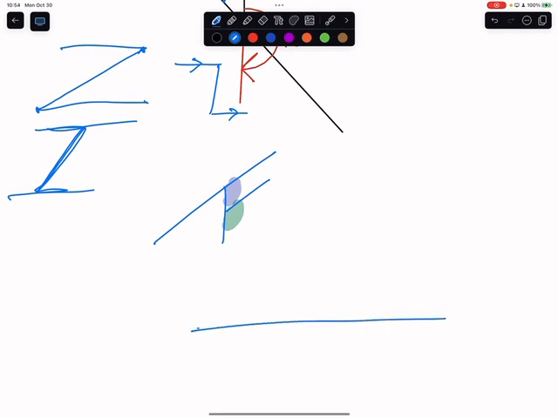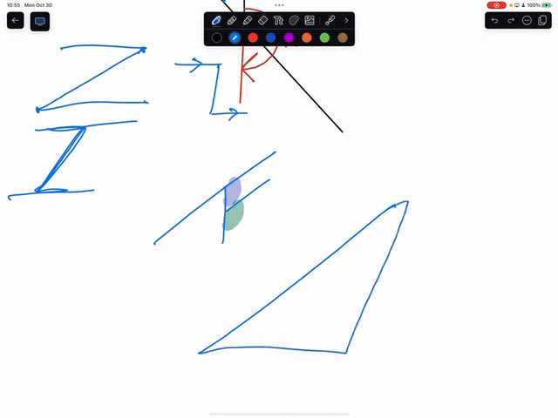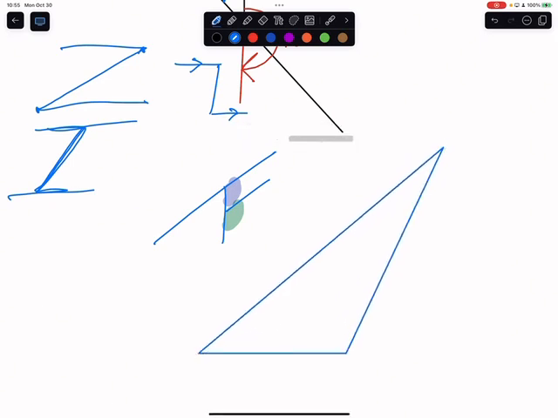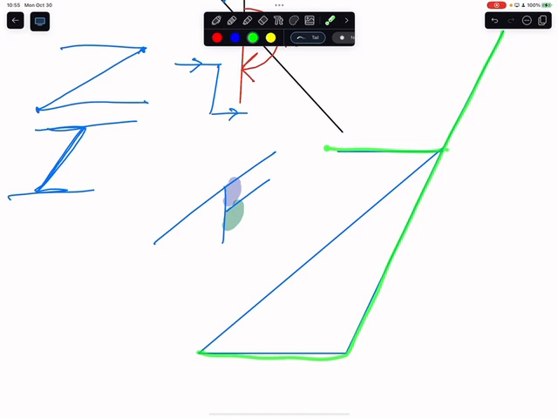So if I take a triangle, for example, and I do this, yes, this is an F, upside down, and at the same time it's a what? So that's where you have to look at all these different types of elements.